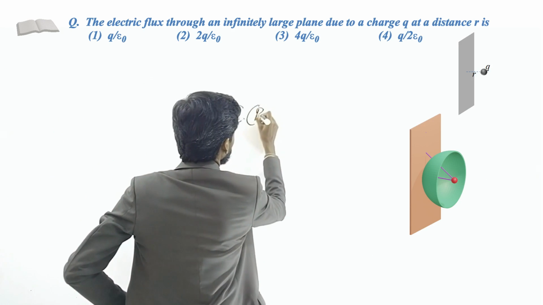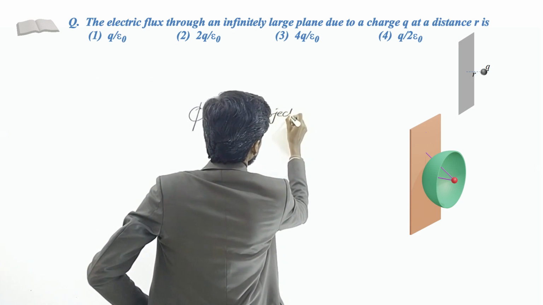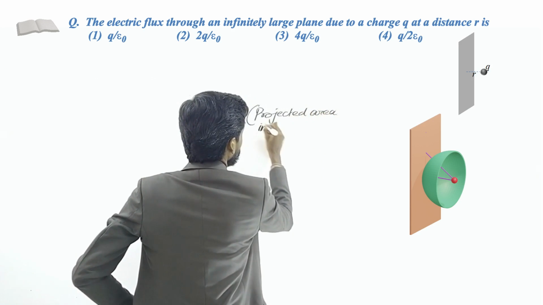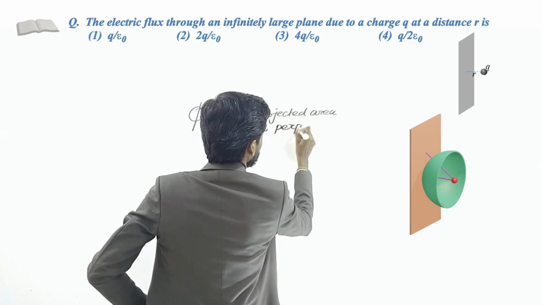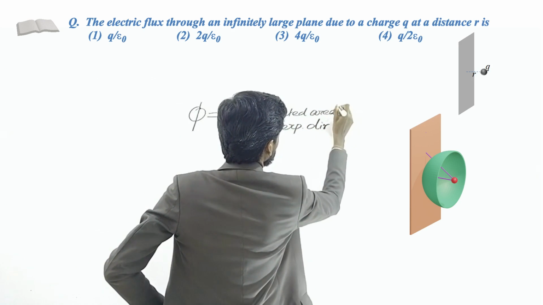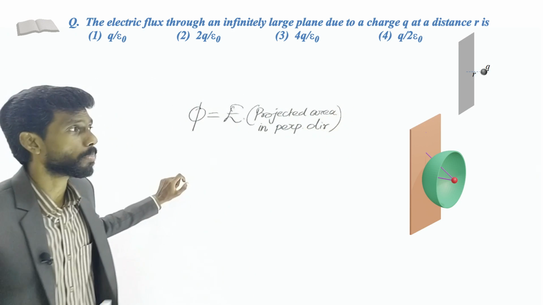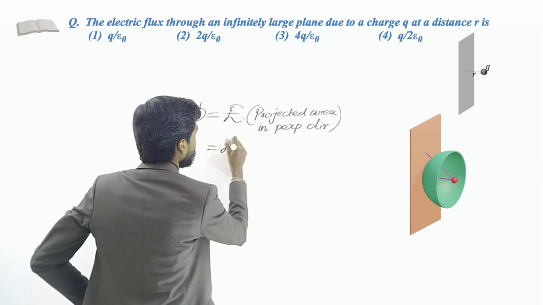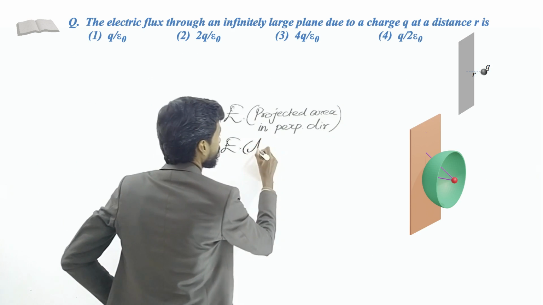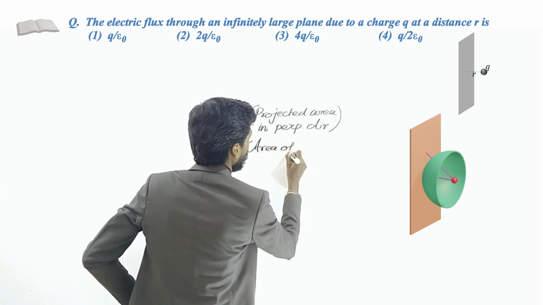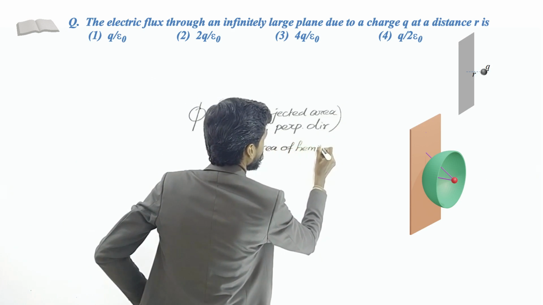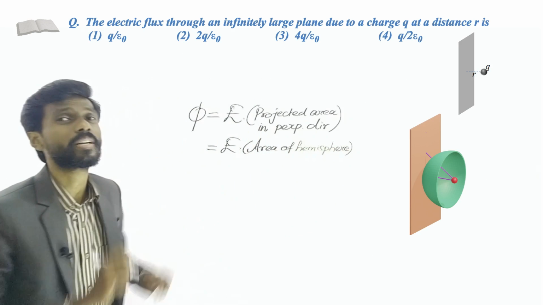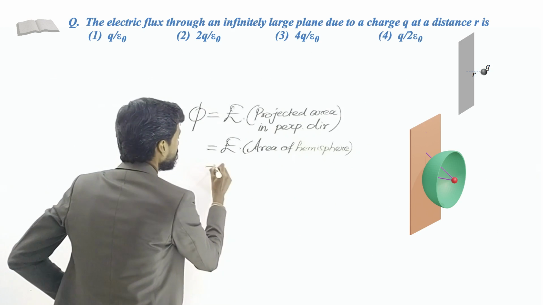Okay, so projected area in the perpendicular direction, which means the projection of the plane in the perpendicular direction, actually that is the area of a hemisphere. So the hemisphere is the projection of this plane in the perpendicular direction. Okay, done. So what is the electric field?